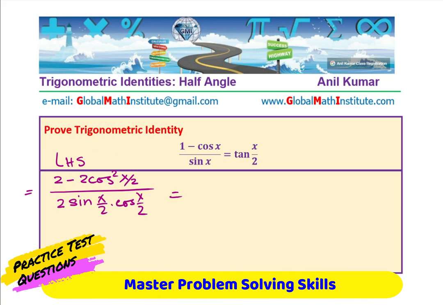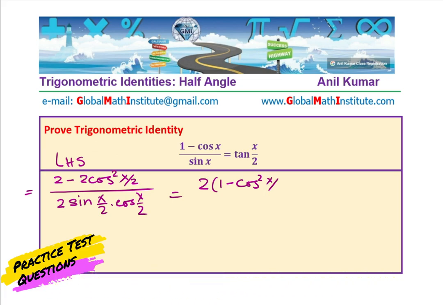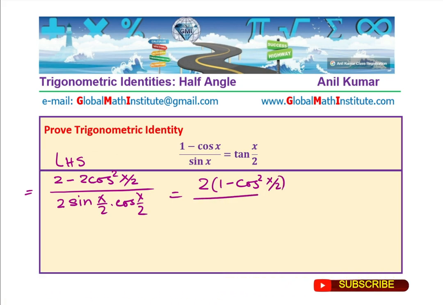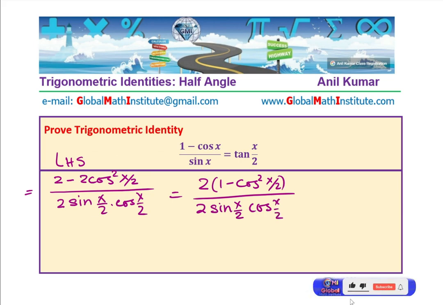Now if I take 2 common, then I get 1 minus cos square x by 2. Denominator still has 2 sin x by 2 cos x by 2. We can cancel 2's. So we have 1 minus cos square x by 2.